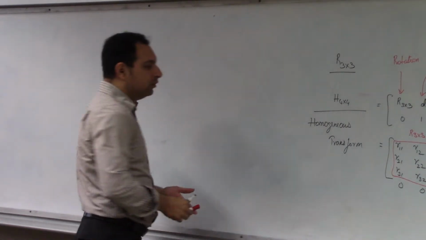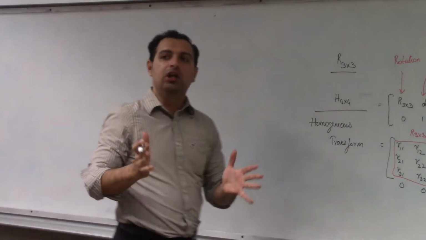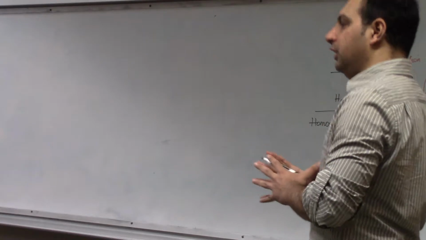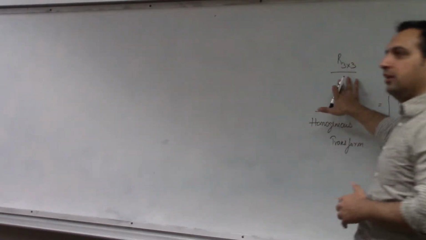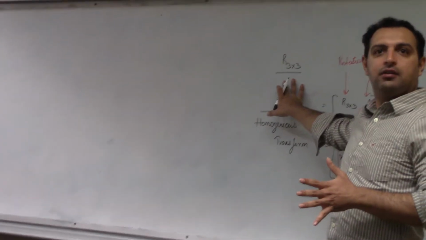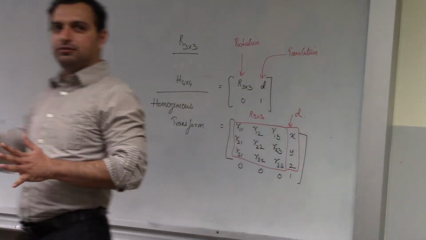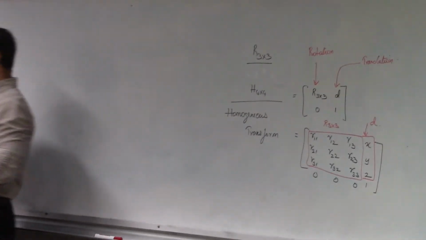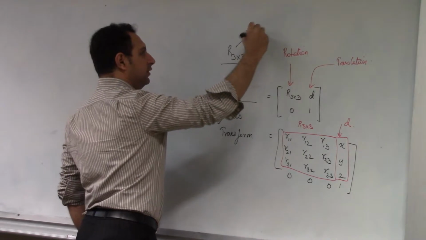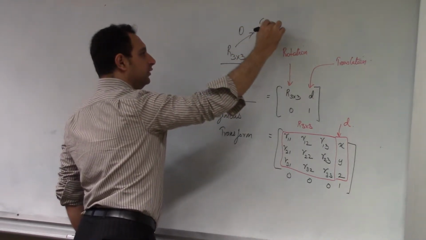A homogeneous transform, because it reflects both the rotation and the translation. So for example, let's say I do not have a rotation, I only have a translation. In the case of a zero rotation, what is R3 by 3? Zeros? No. Ones? No. Identity matrix. If any rotation about any axis, either x, y, or z, is 0, this becomes I 3 by 3, right?